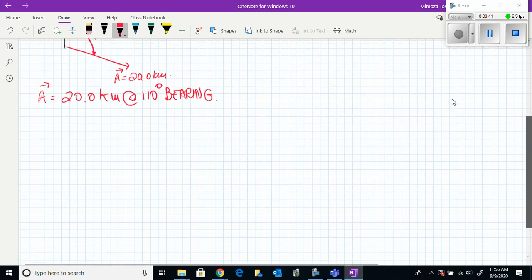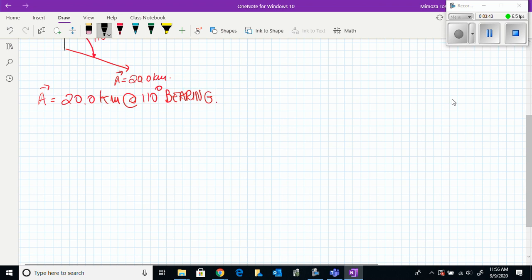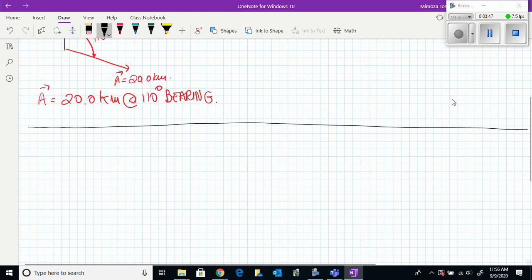However, the most used will be the one dealing with the north, east, south, west axes. When we see the north, east, south, west axes, we see something like this, which is pretty similar to the x and y axes. So this will be y and this will be x.